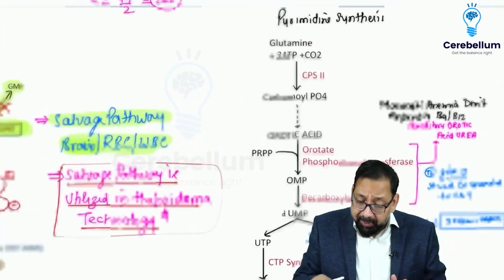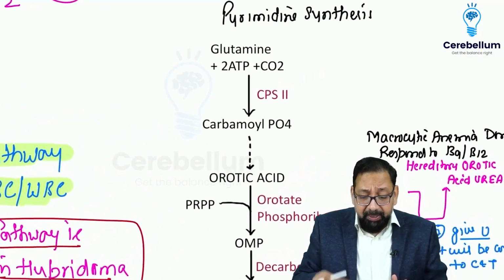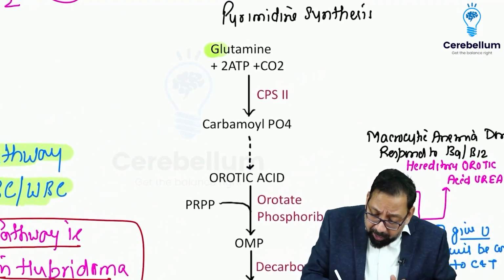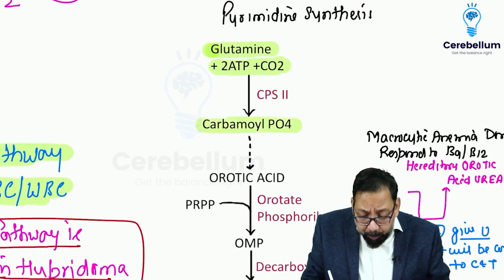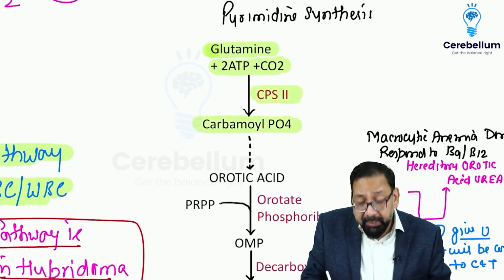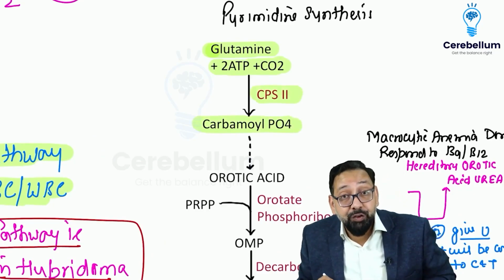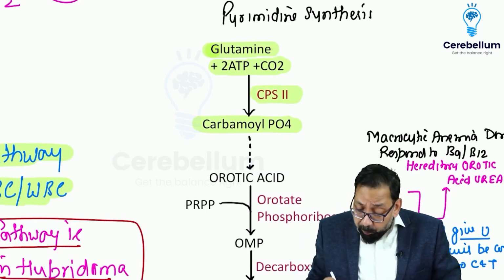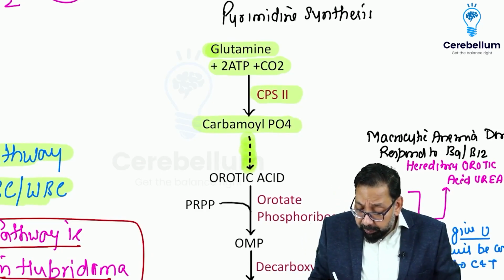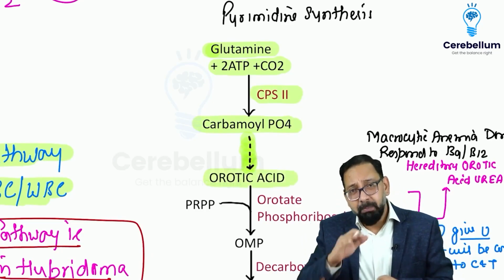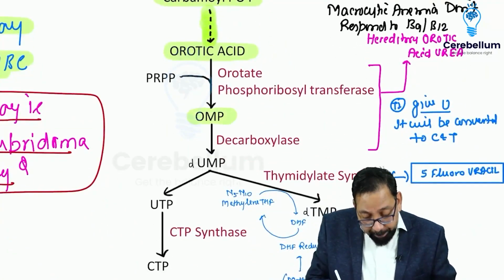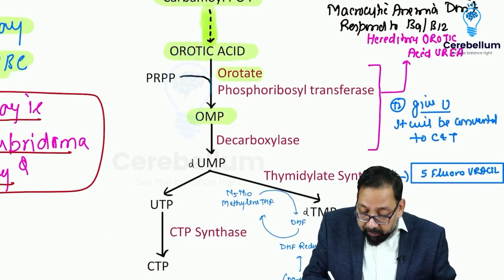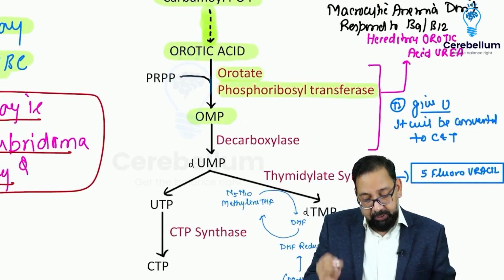Now pyrimidine synthesis. In pyrimidine synthesis, glutamine binds with ATP plus CO2 to form carbamoyl phosphate by CPS2, carbamoyl phosphate synthetase 2. This carbamoyl phosphate is further converted to orotic acid by multiple steps. Orotic acid is converted to OMP by orotate phosphoribosyl transferase.